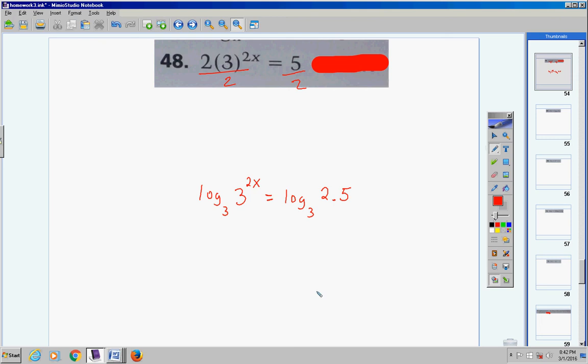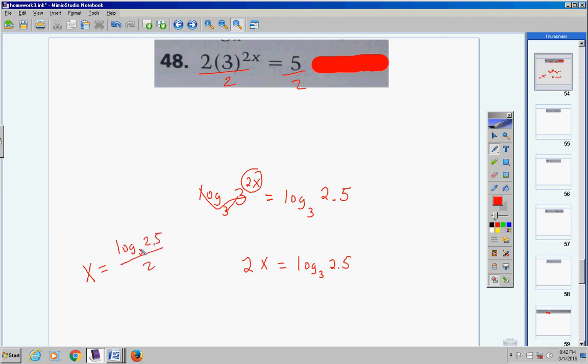And here we go. Whenever these two numbers match, everything's gone but the exponent. And over here we have logarithm base 3 of 2.5. Now divide both sides by 2, and x equals logarithm base 3 of 2.5 all over 2.